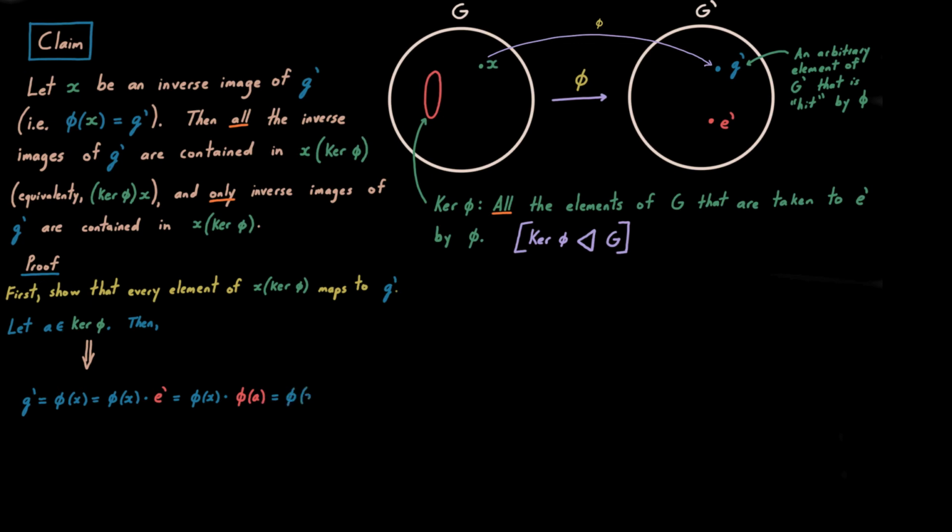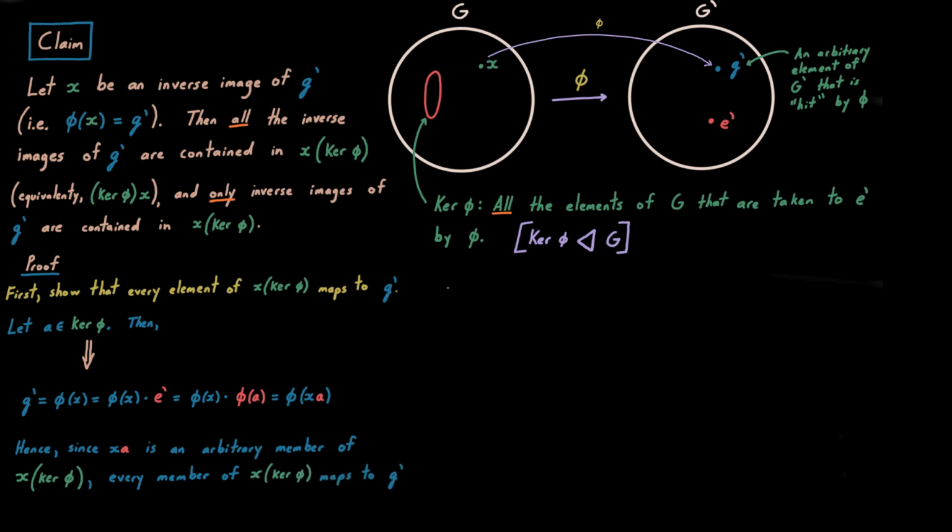E' is the same thing as phi of a by the definition of a kernel, and by the definition of a homomorphism, we have g' is phi of xa. And hence, since xa is an arbitrary element of x times the kernel, just a representative that can represent any element in x times the kernel, every member of x times the kernel has to map to lowercase g'.